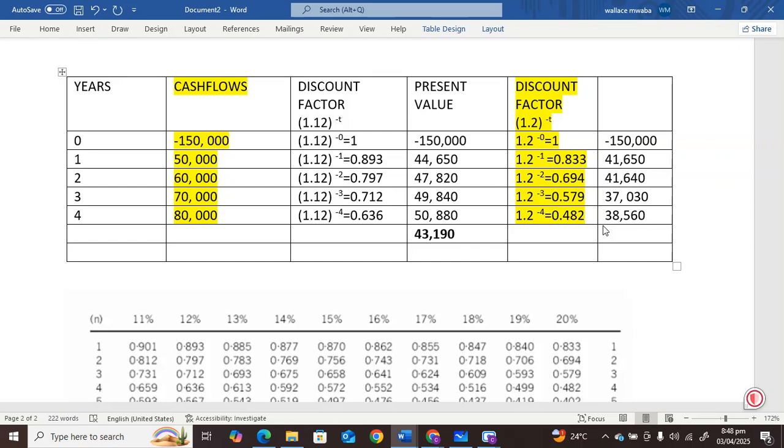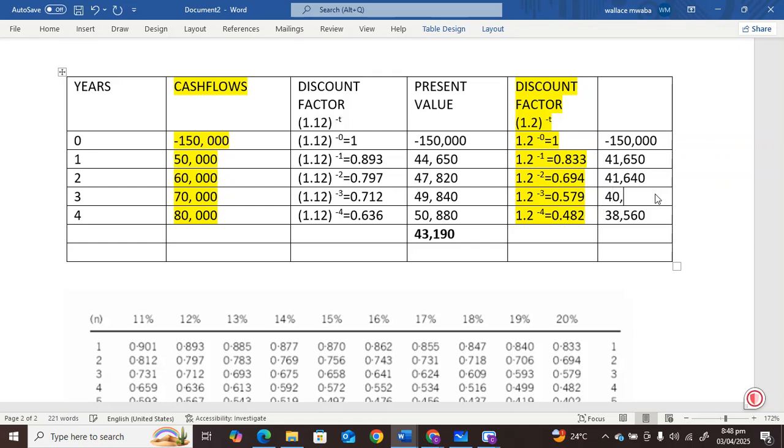Okay, let's see if this will give us a negative net present value. Negative 150,000. 70,000 times 0.579, or 40,530.